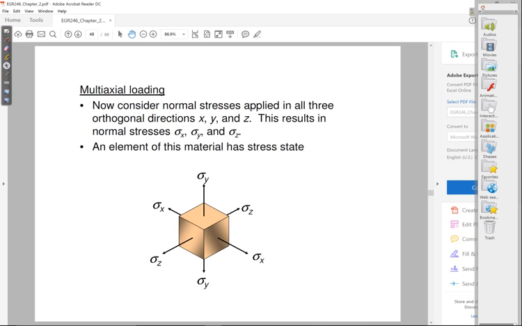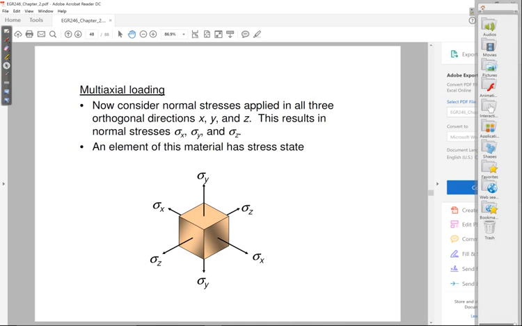So the end result of doing this is something that we call the generalized Hooke's law. Okay? And the generalized Hooke's law is based on Hooke's law, but Hooke's law really applies when you apply just forces in one direction. Right? If you apply forces in all 3 directions, you need to apply Hooke's law to all 3 of those directions.